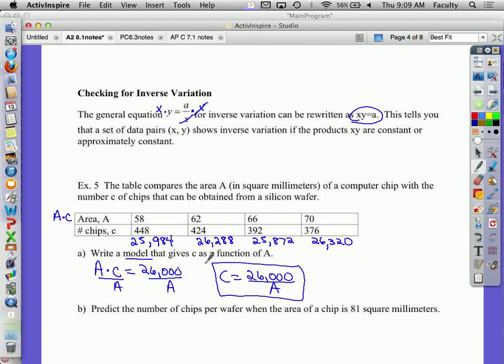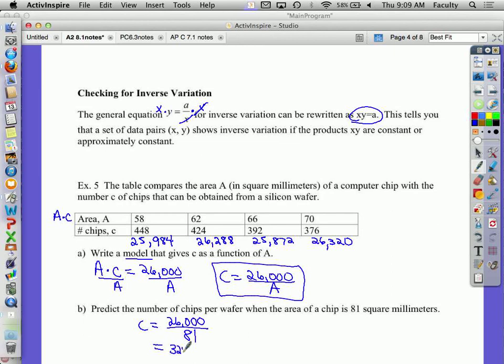Okay? Now letter B says, predict the number of chips per wafer when the area of a chip is 81 square millimeters. Do you guys understand that millimeters are teeny tiny? And when you're talking about a computer chip, that's teeny tiny, isn't it? So let's take 26,000 divided by 81.